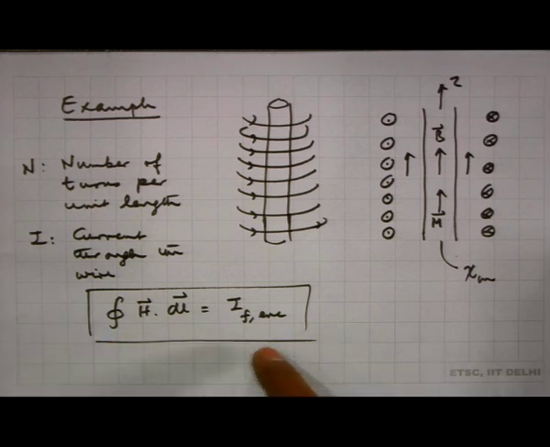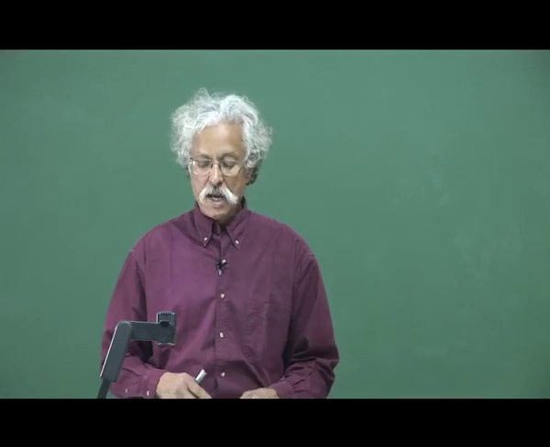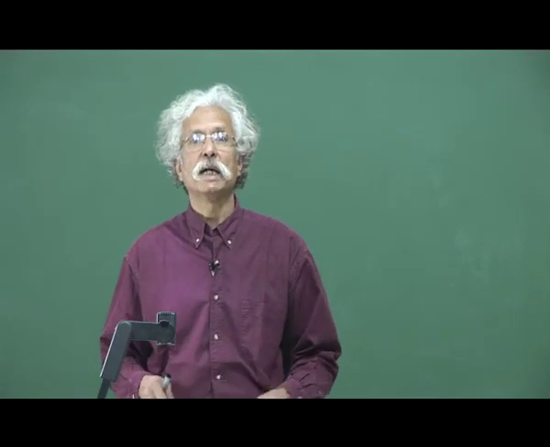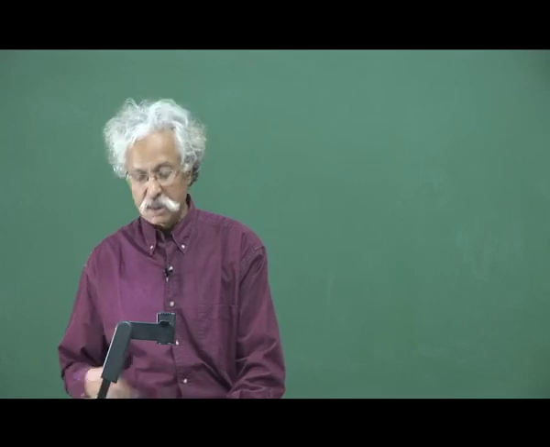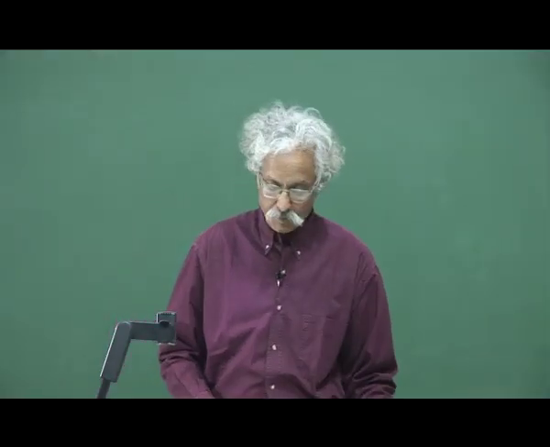In using this formula, all I need to know is the free current that is passing through the circuit, which is what I am passing through the conductors, and the bound currents, which are caused by magnetization, are contained in the definition of the H vector. And if there is symmetry in my problem, then it is possible to solve the left hand side also and finally calculate the magnetic field, H vector, magnetization and so on. So, the modified form of Ampere's law is very useful.